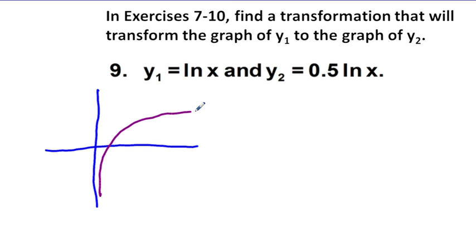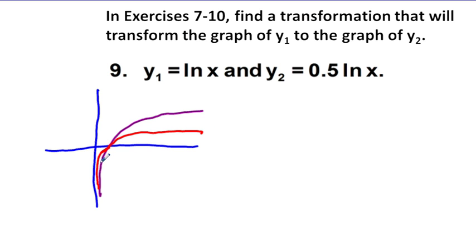That's going to be our logarithmic function. In 0.5, what we're going to do, if we take 0.5, we're going to start smaller over here, cross, and go flatter by a factor of 1/2.